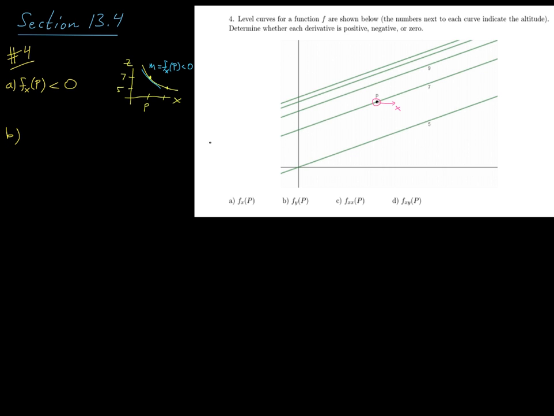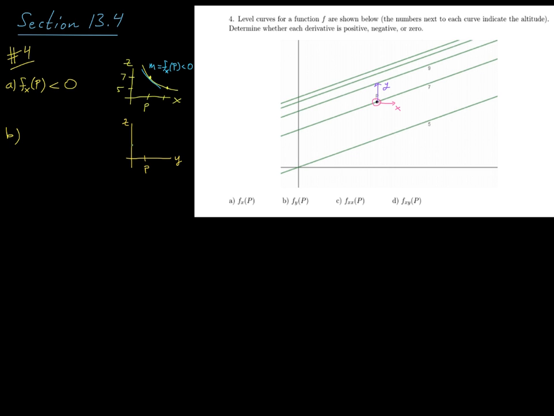Now for part B, really the same kind of thing. We're going to now move in the positive y direction. And here we can see our altitude now is increasing. We're going from an altitude of 7 up to an altitude of 9. In terms of the cross-sectional view, we'd now be looking at a YZ cross-section.